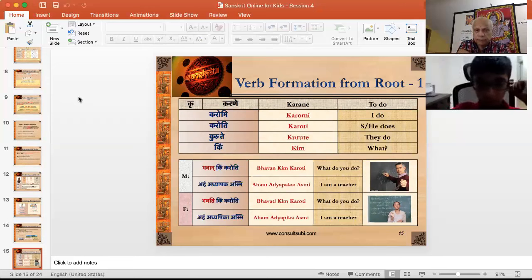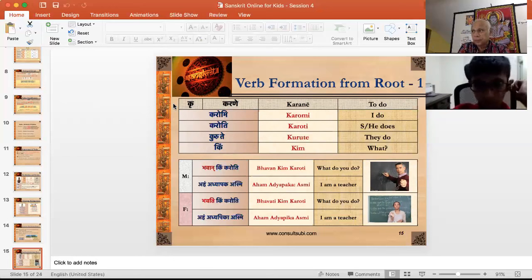Second person. Kurute, they do. Kim, what? All these come from one root here, which is kru. Kru, karane, karomi, karoti, kurute, kim. All these come from one root, which is small one called kru.